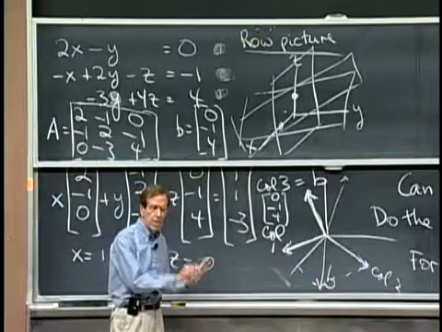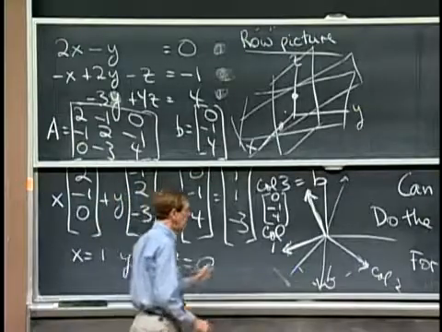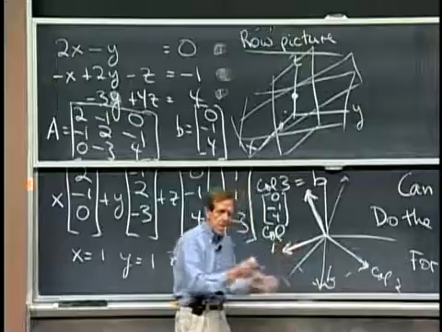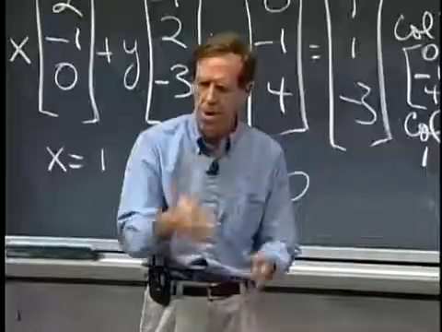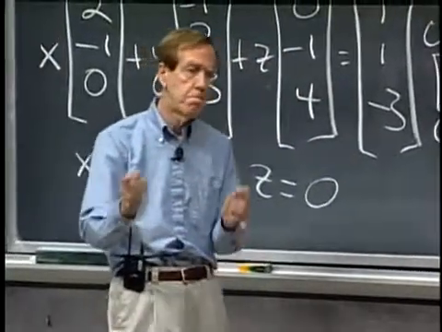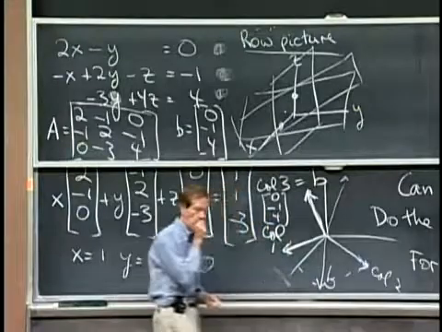That would be a matrix A where the answer would be no. Because if column 3 is in the same plane as column 1 and 2, I don't get anything new from that. All the combinations are in the plane, and the only right-hand sides b that I could get would be the ones in that plane.